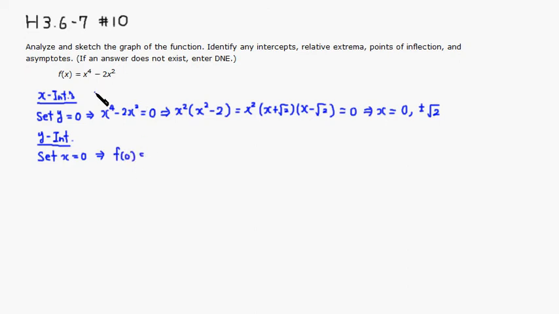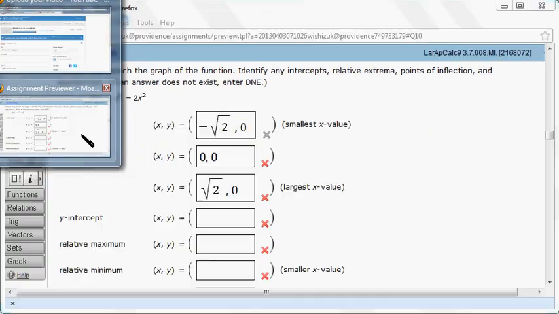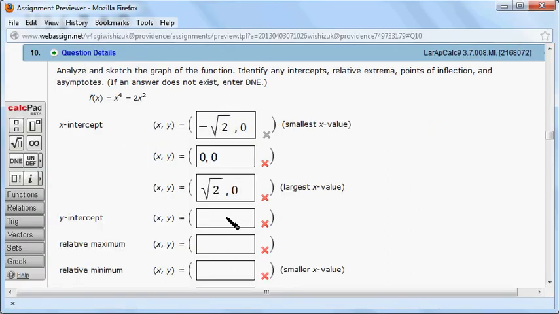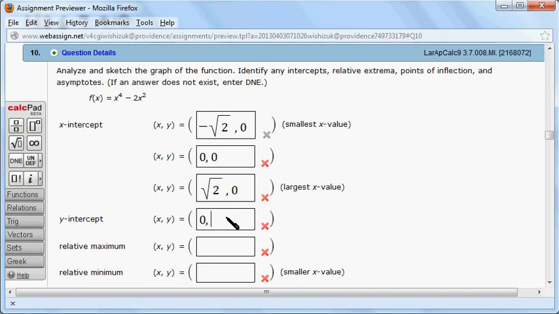You can see that it's 0 to the fourth minus 2 times 0 squared, which is, of course, 0. So x is 0 because it's a y-intercept, and we found that y is also 0.